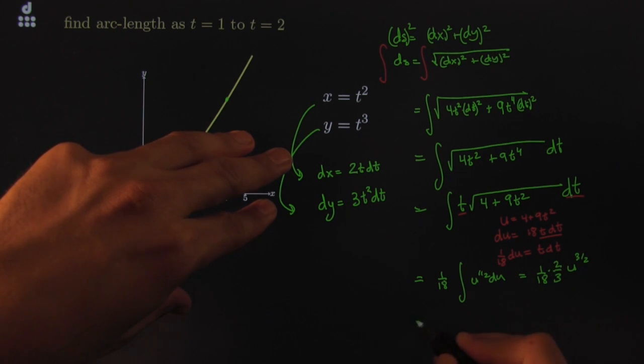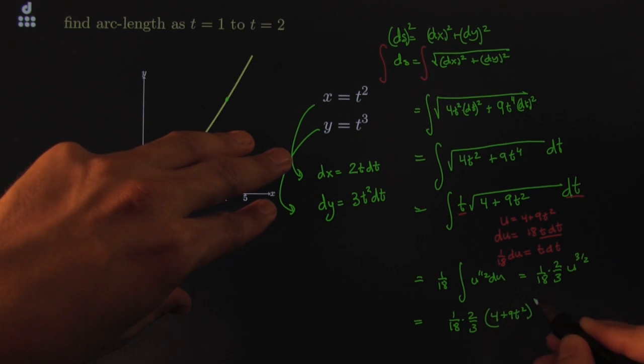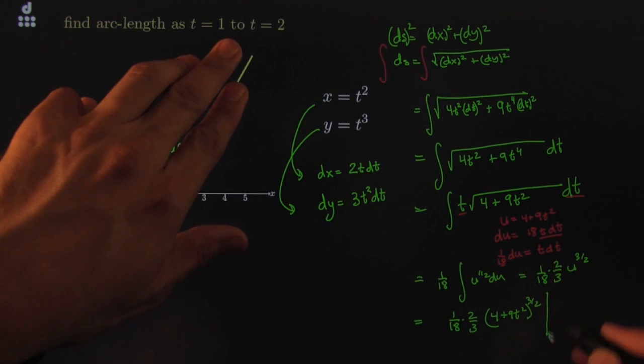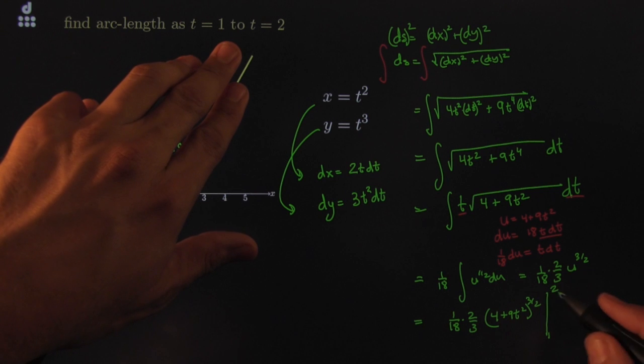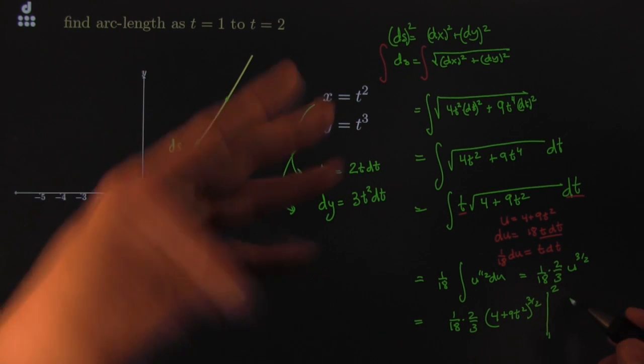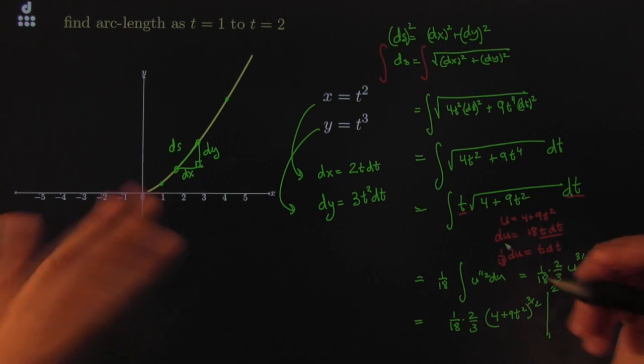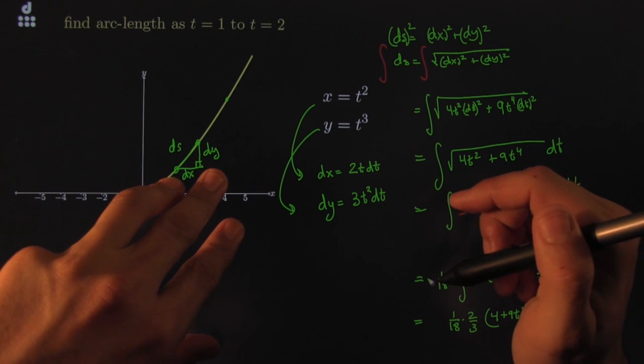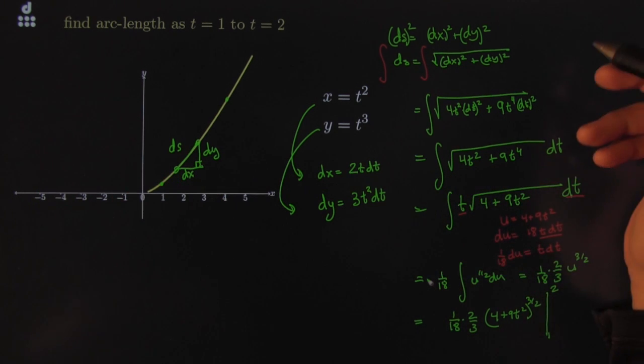My grand total would be 1/18 times 2/3 times u, which was 4 plus 9t squared, to the 3/2, with t going from 1 to 2. So you plug in the 2 and you plug in the 1, and the rest of that is so boring. Forget about it, I'm not doing that. Too easy. You guys can finish that.